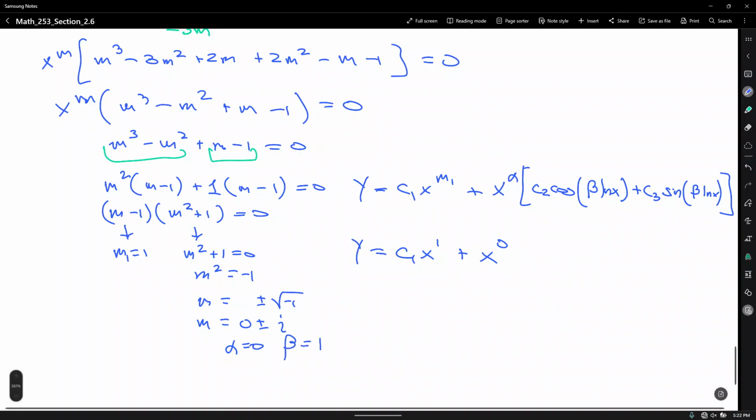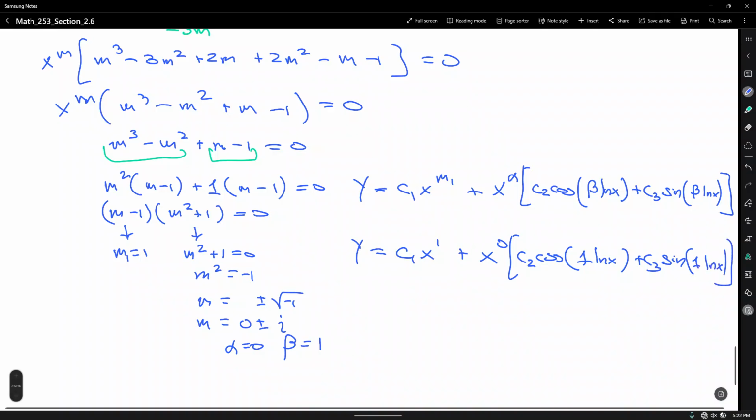Beta is not i. Beta is only whatever multiplies the imaginary unit, which is an invisible 1 here. All right. Okay. So x to the 0, c2 cosine beta, which is 1 times ln x plus c3 sine of 1 times ln x.